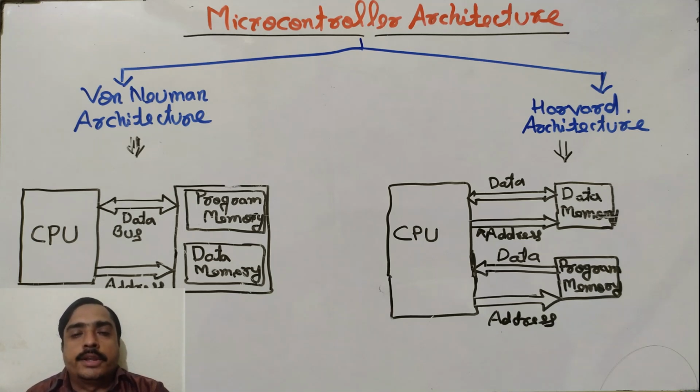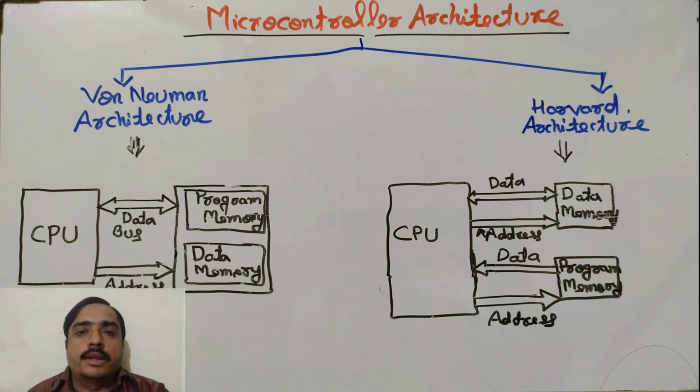A single data bus is allocated to both program memory and data memory, and a single address bus is available for both types of memory at a time, not separately.